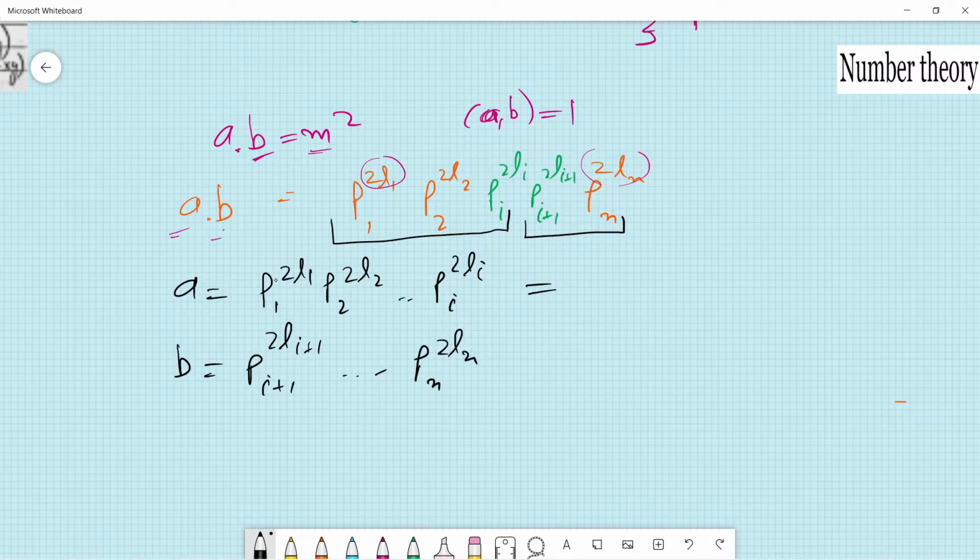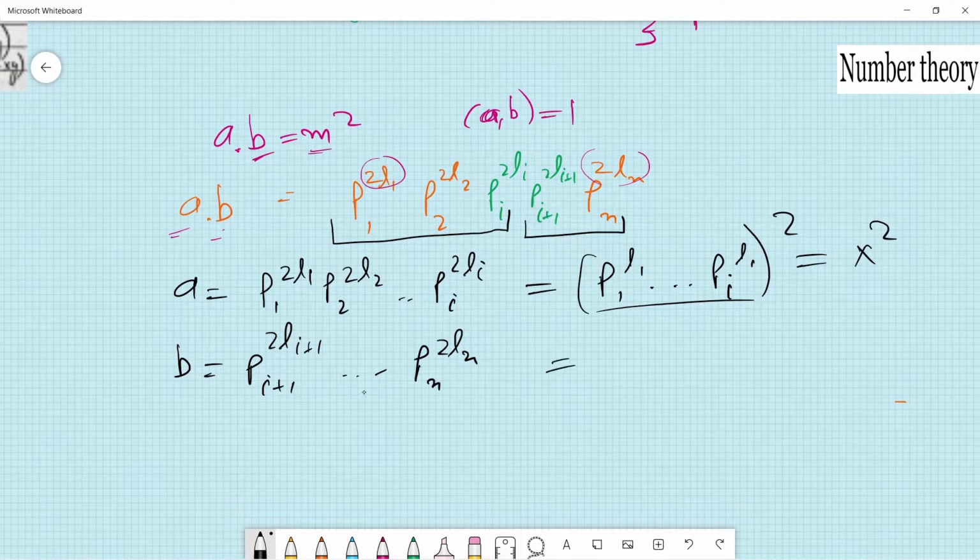And now we can take this power 2 outside, like this, (p1^l1 ... pi^li)^2, and this is nothing but some number. We don't know what it is, but it is some number. Let's take it to be x squared, and this similarly will turn out to be some number which we will say y squared.